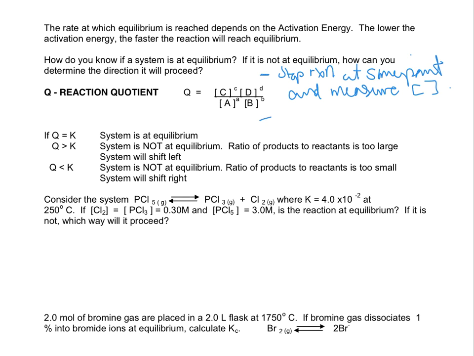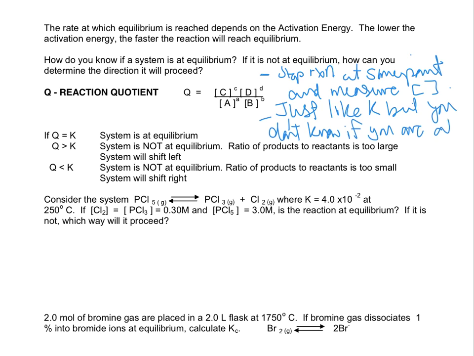You calculate it just like K, just like your equilibrium constant, but you don't know if you are at equilibrium or not. You might be, but we don't know. And so that's why we use Q. Q will tell us whether we're at equilibrium or not.